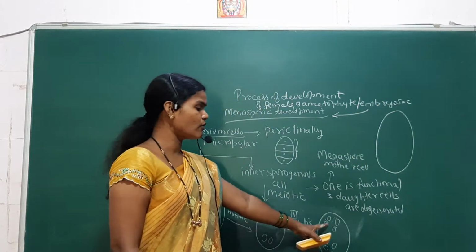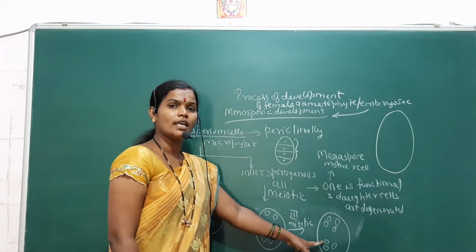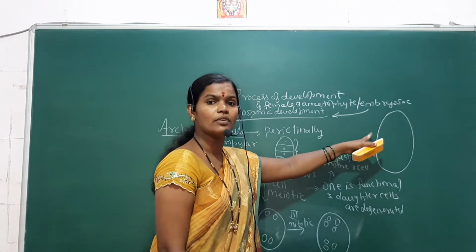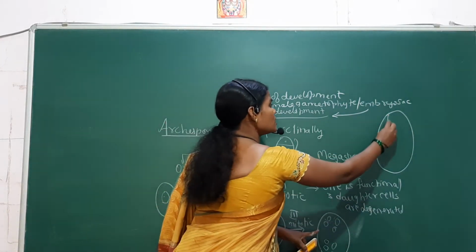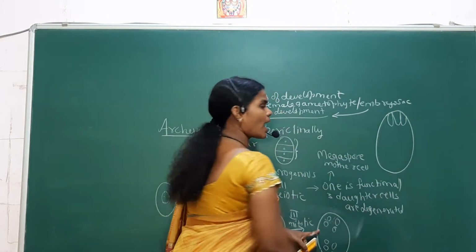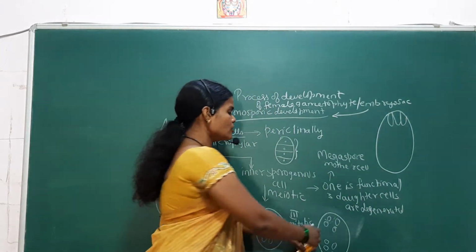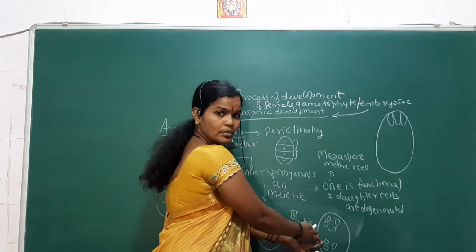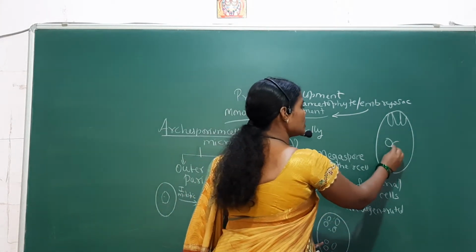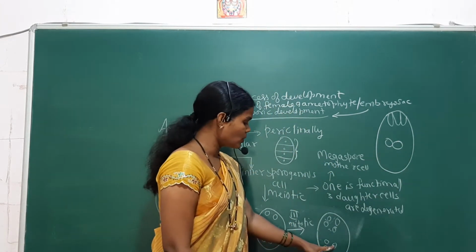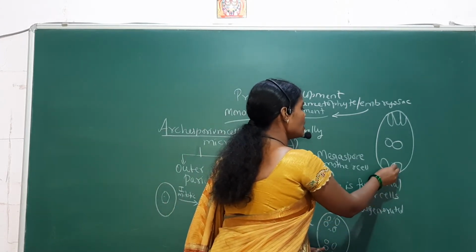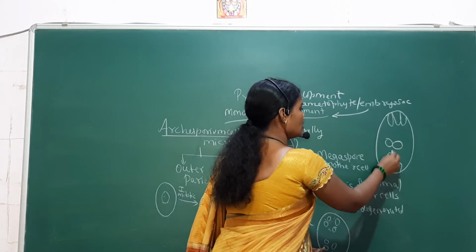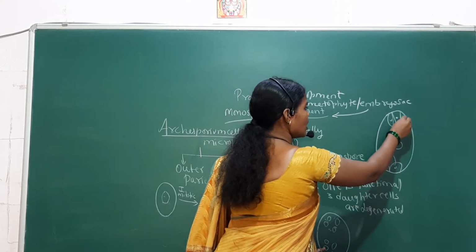These 3 cells form the antipodal cells. One cell from here and one cell from here form the 2 central cells. Next, 1, 2, 3: here there is a formation of an egg apparatus.